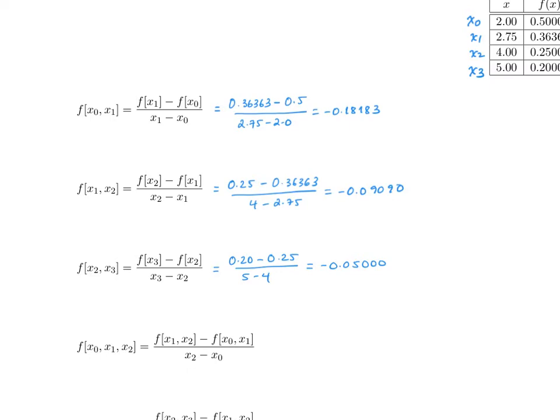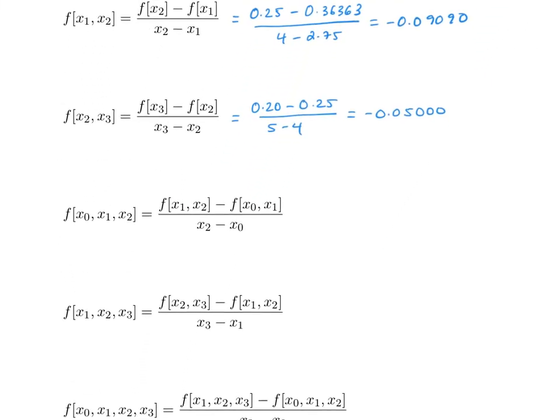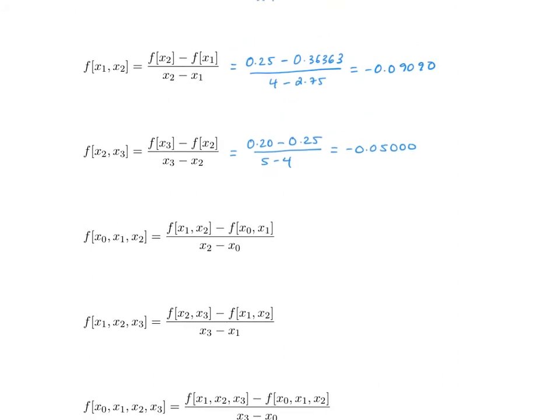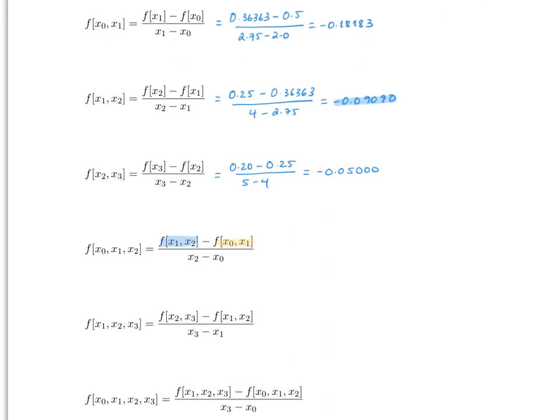All right, so let's move to the second divided differences. So this one is equal to f of x1, x2, which is exactly this value, then minus f of x0, x1, which is this value right here.